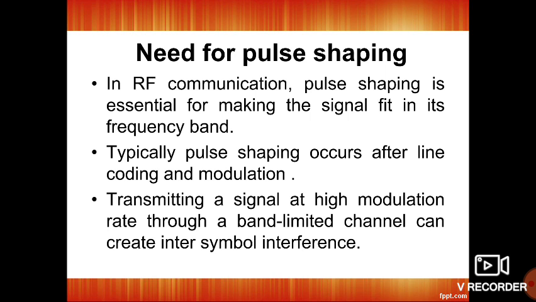In radio frequency communication systems, the shaping of pulses is essential. It is needed to make the signal fit in its frequency band, or else, because of its shape, the pulse can occupy the space of the adjacent pulses, so it should be in the space which fits that particular pulse.